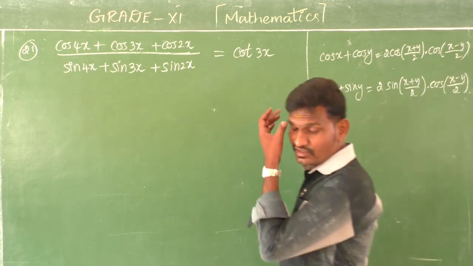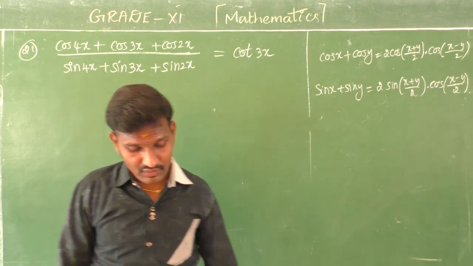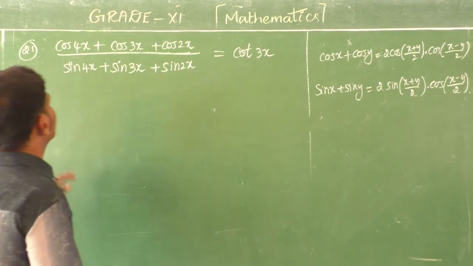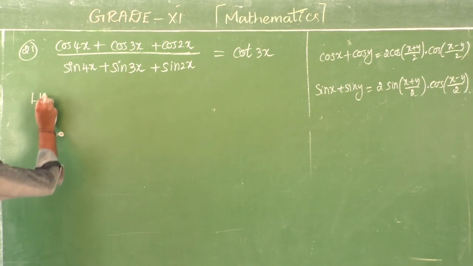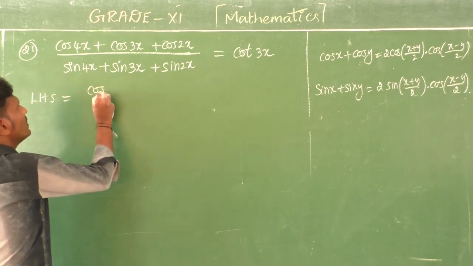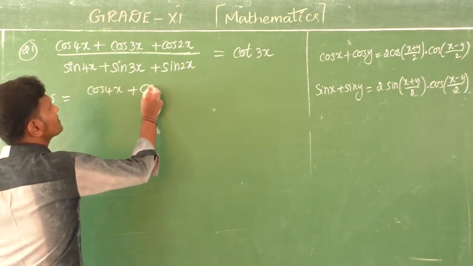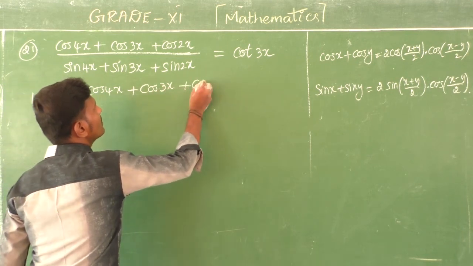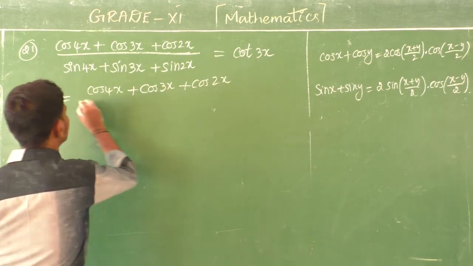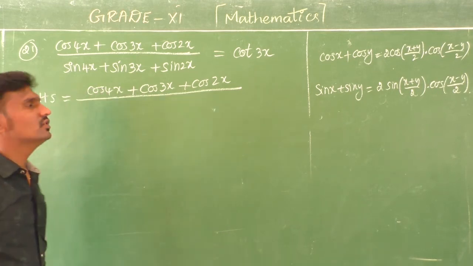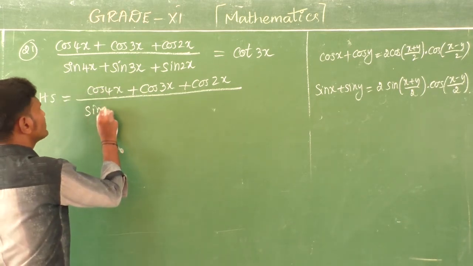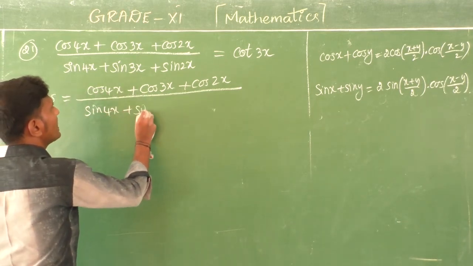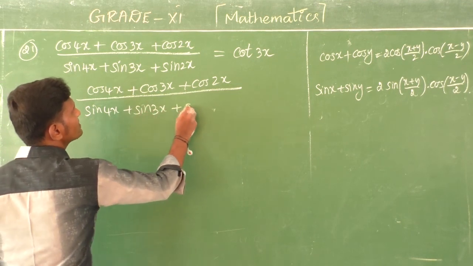Now, first I am going to do the left side. You have the terms (cos 4x plus cos 3x plus cos 2x) whole divided by (sin 4x plus sin 3x plus sin 2x).